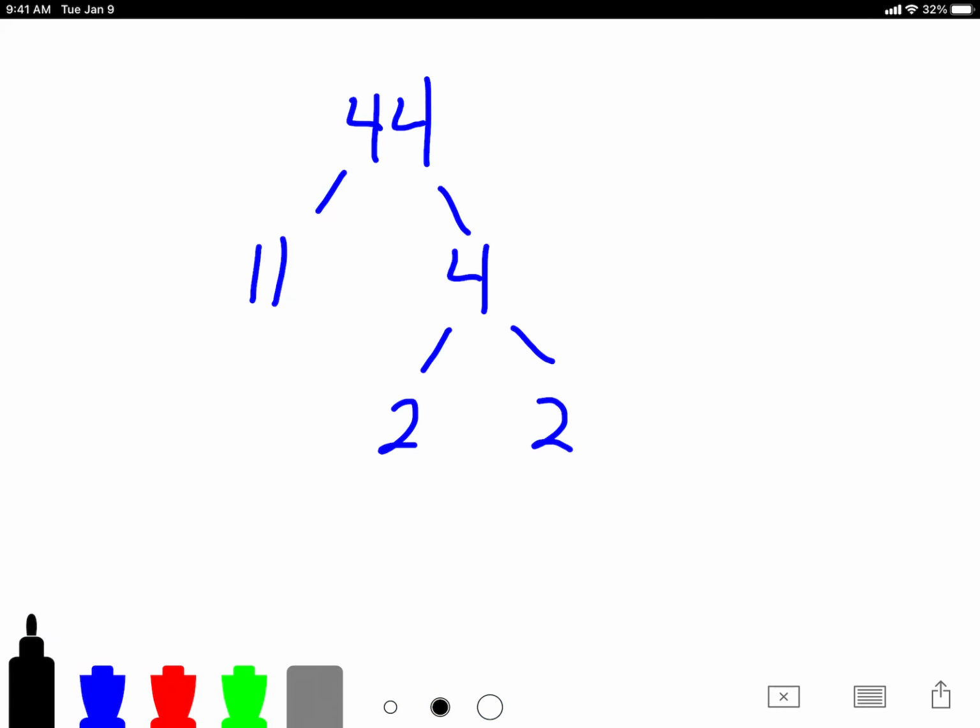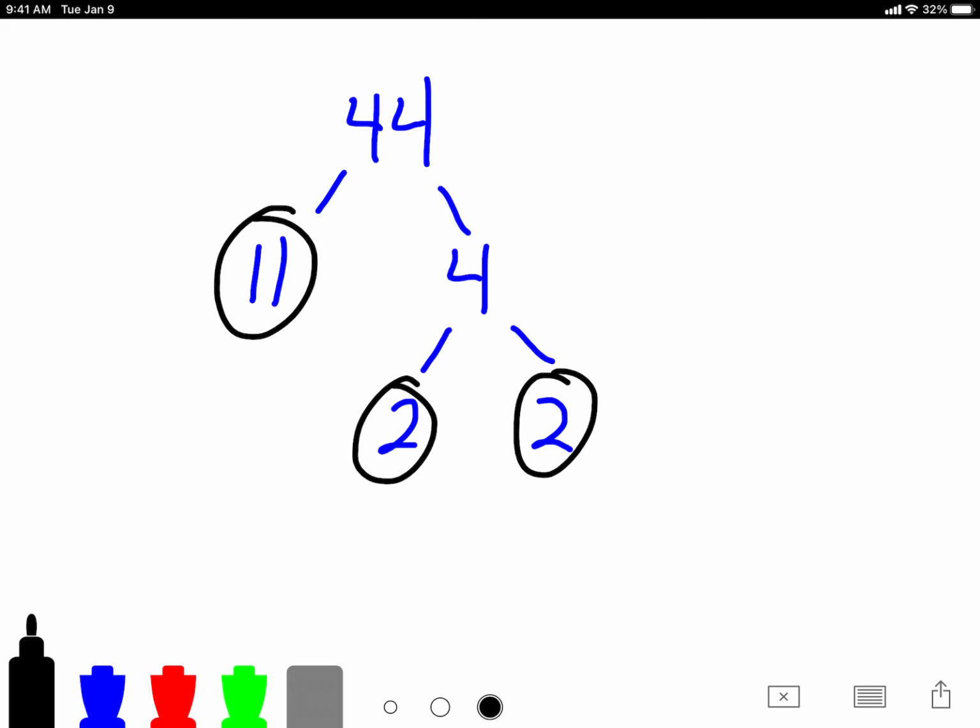No, because that's one of my first 5 prime numbers. And it's a prime number whether it's in the first 5 or not. 11 is a prime number. I can't divide it by anything except 1 and itself. And 2 is prime, so both of these 2s are prime numbers. So in the end, no matter which way I do it, the numbers that I'm left with are 11 and two 2s.